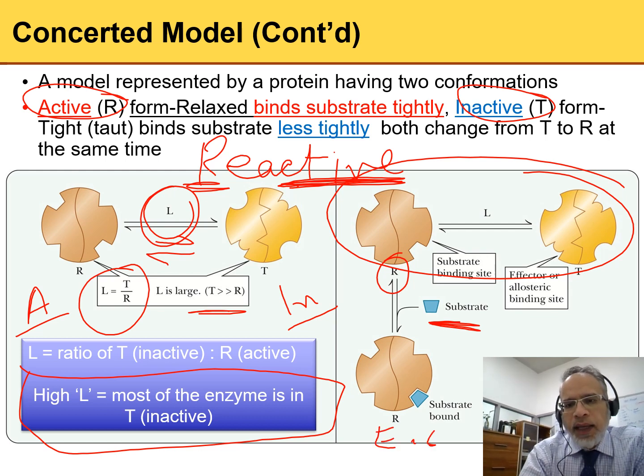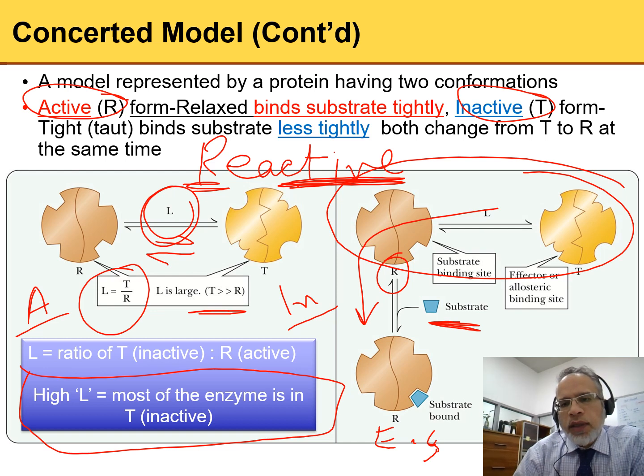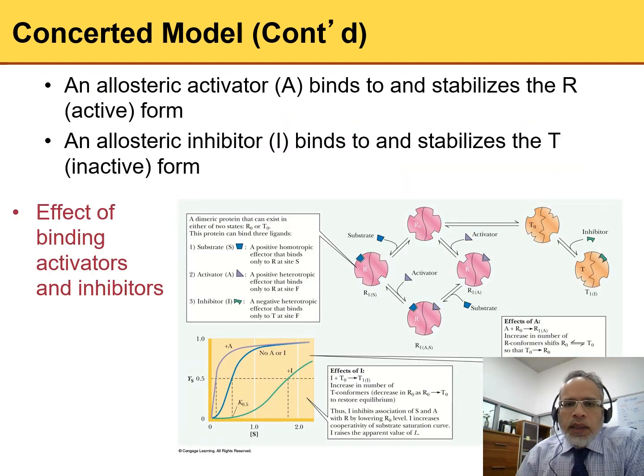Binding of the substrate will push the equilibrium in this direction, and that's why when substrate binds, the enzyme changes from the T to the R conformation. Of course, in this model, you can also have allosteric activators or inhibitors bind to it.